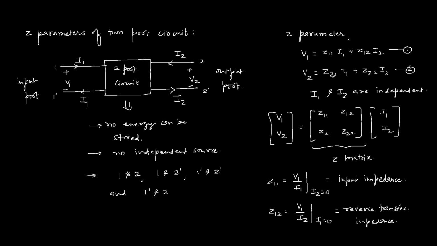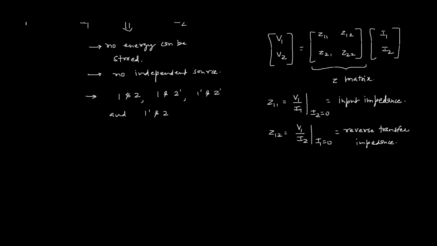Now Z21 is V2 upon I1 when I2 is 0. It is called forward transfer impedance, because it is the ratio of voltage at port 2 to the current at port 1 when port 2 is open circuited, or it is the ratio of output voltage to the input current when output port is open circuited.